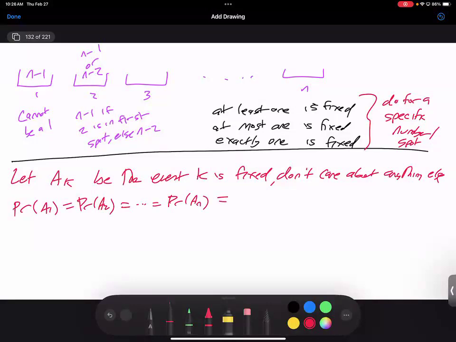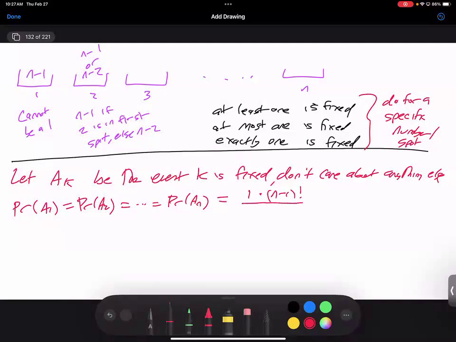So if the first element is fixed, how many choices do I have for the first spot? 1. And now I have n minus 1 boxes left over, and I have n minus 1 numbers. How many ways can I put those n minus 1 numbers into those n minus 1 boxes? N minus 1 factorial.